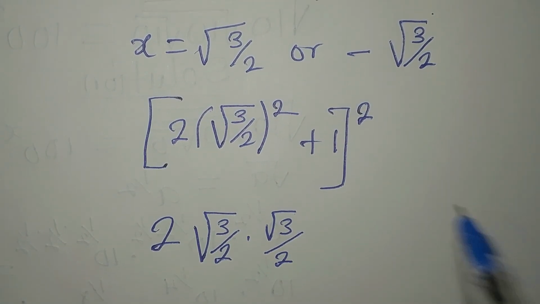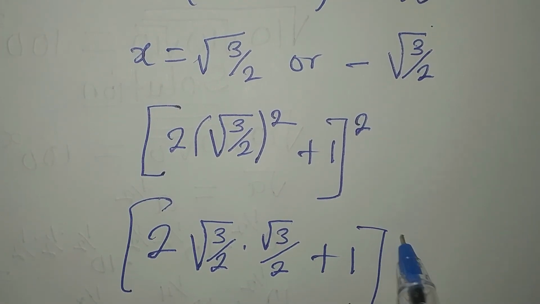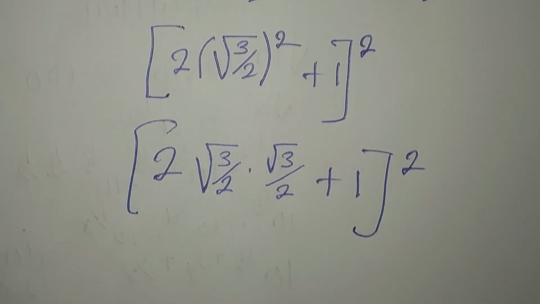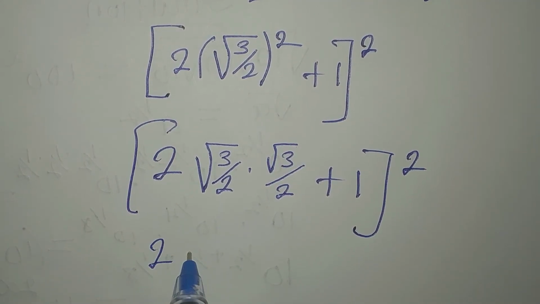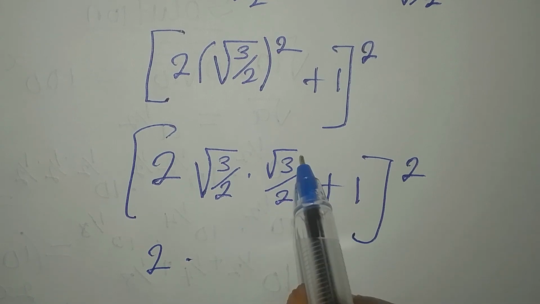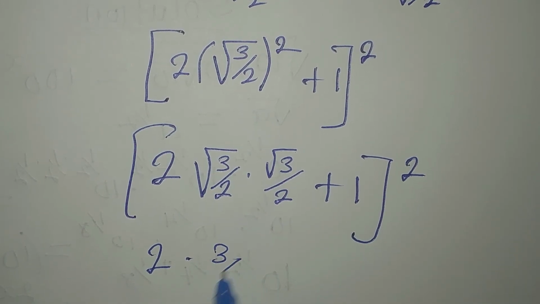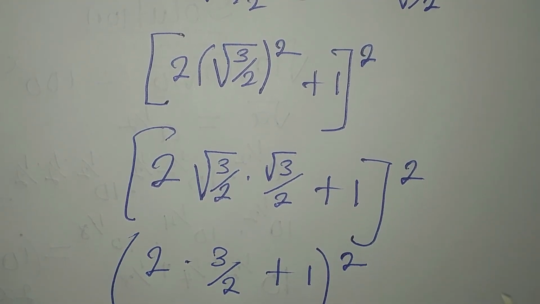Then I have plus 1, after which we'll square. So to go ahead with this now, the square root of 3/2 times the square root of 3/2 will give us 3/2. Then we have plus 1, and this will still be squared.